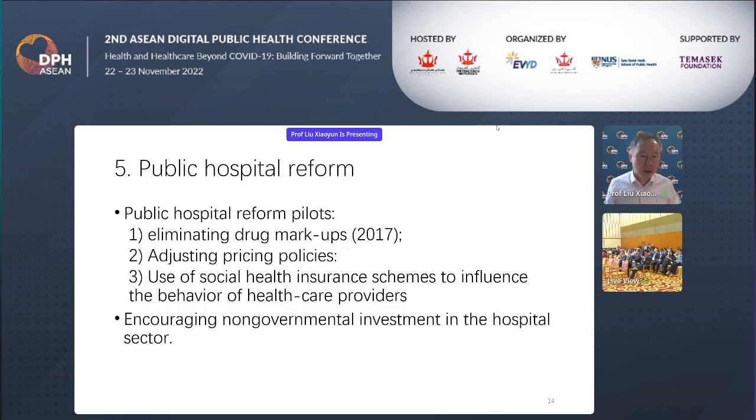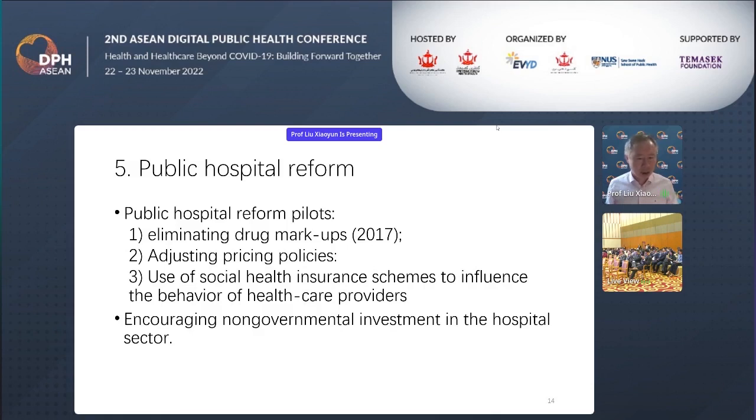Because with the zero markup, the hospitals lose their financial revenues, the reform also includes some price adjustment of the medical services to somehow compensate their loss due to the zero markup policy, to make the financial balance of the hospitals.